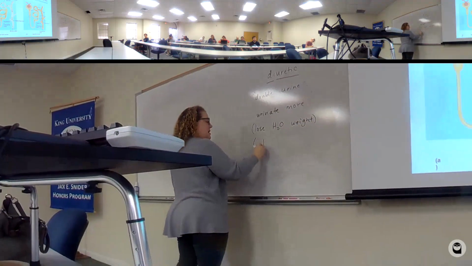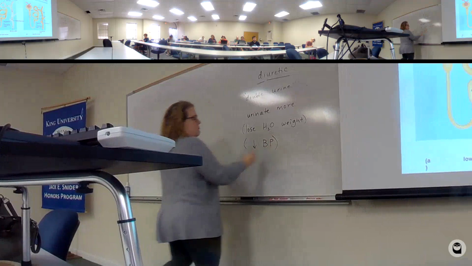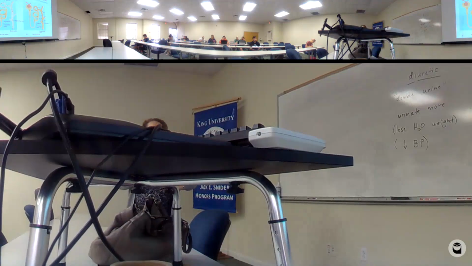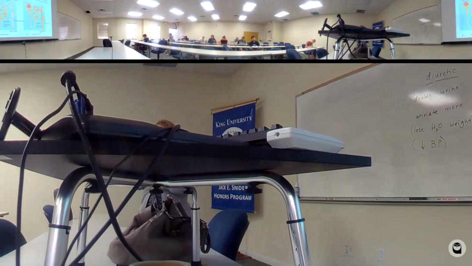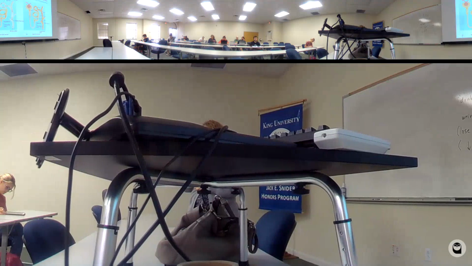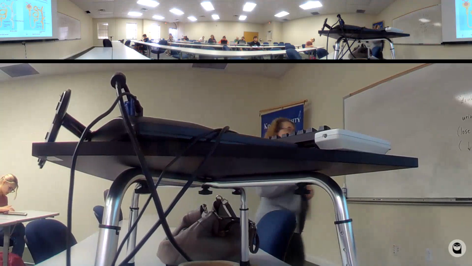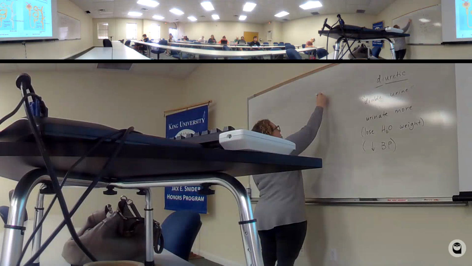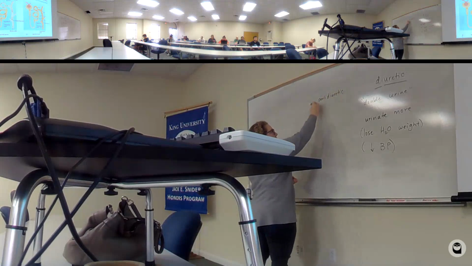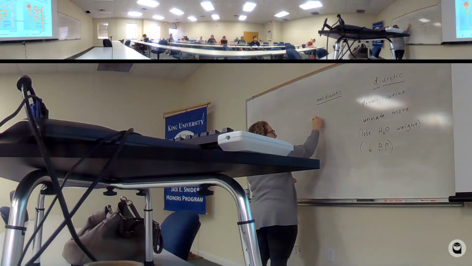And they would also cause you to have lower blood pressure, which we'll get back to later in this lecture. So an antidiuretic would be the opposite of that. An antidiuretic would cause you to urinate less.